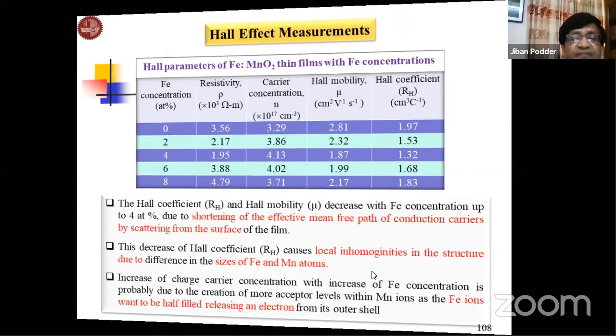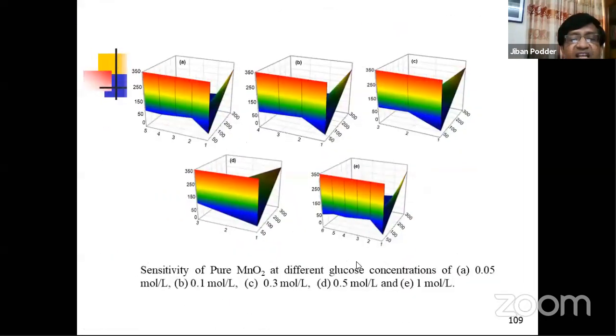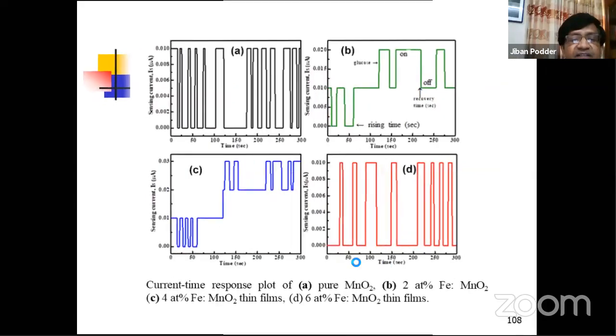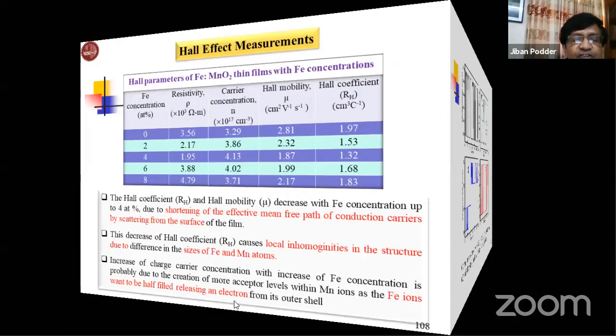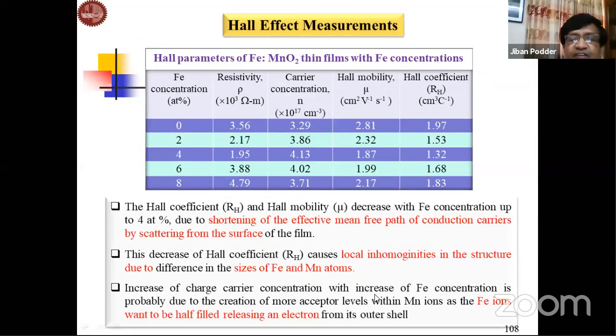The increase of the charge carrier concentration with increase of the iron concentration is probably due to the creation of more acceptor levels with the manganese ions, as the iron ions want to be half filled, releasing an electron from the outer shell.